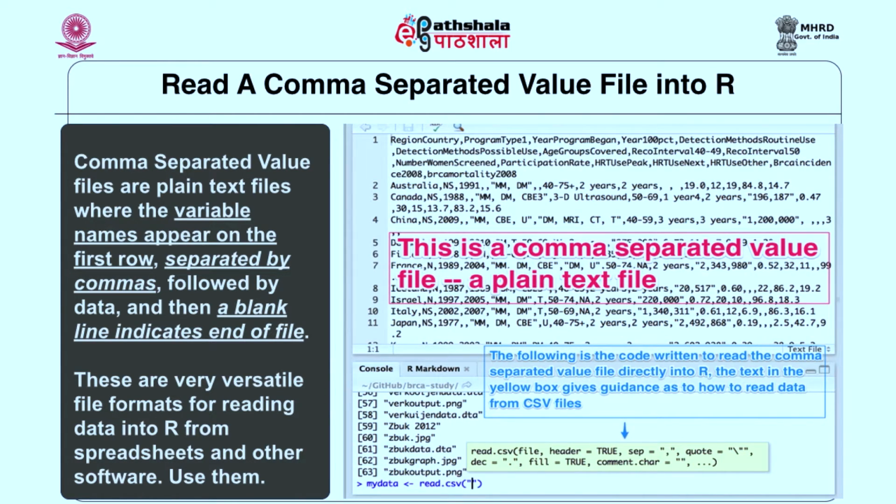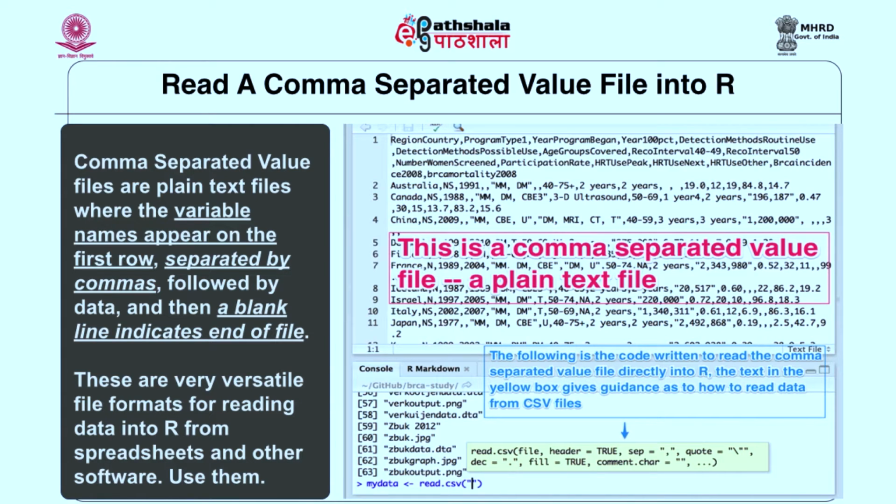So, for example, in this particular file, you can see the region of the country or the program type, etc. This was a data set that was taken from the internet. We put together a file where we looked at the rates of breast cancer screening in the different countries before and after the use of hormone replacement therapy.